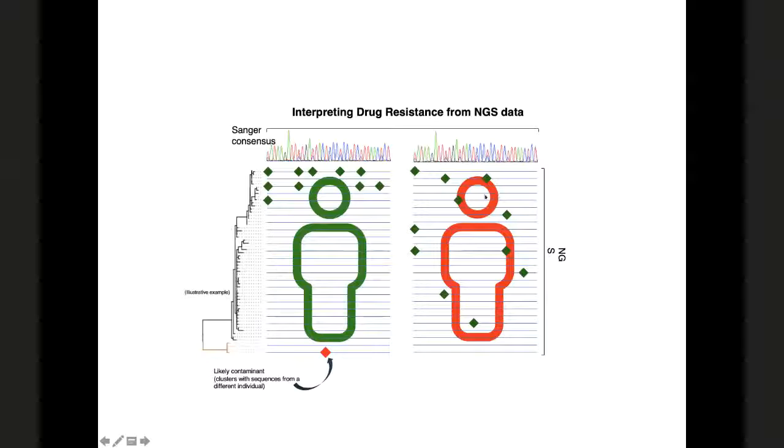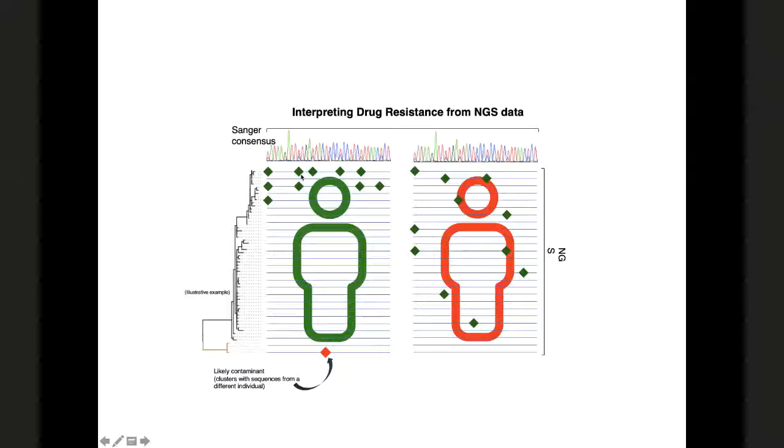And just consider these two individuals for a moment. Actually, these two individuals would produce exactly the same Sanger consensus sequence, because at each position they have exactly the same number of mutations at each site, which give rise to the same chromatograms.